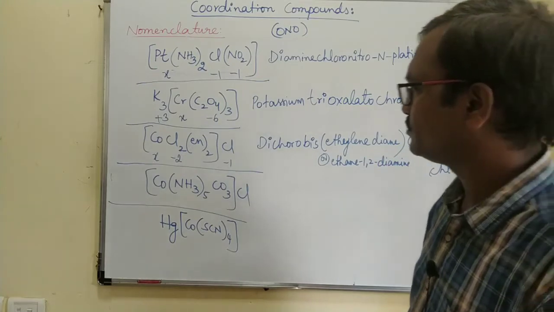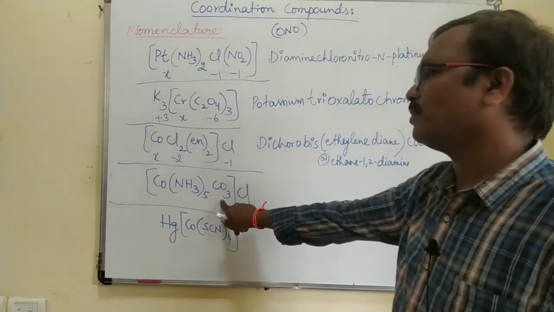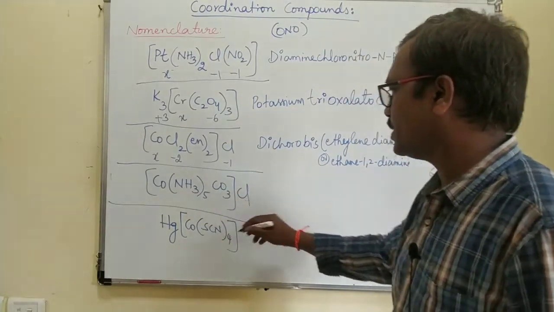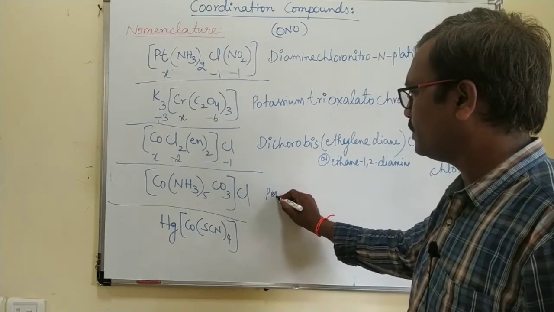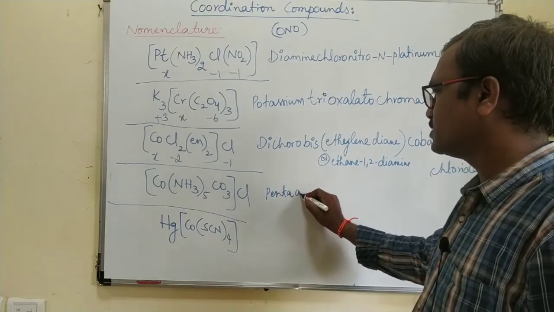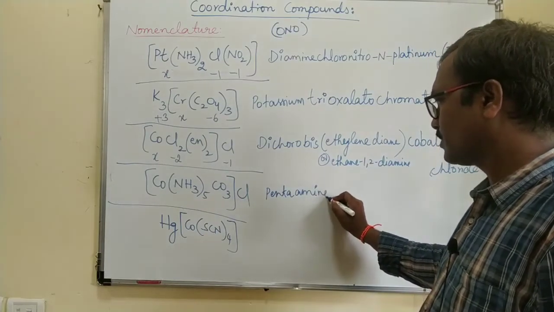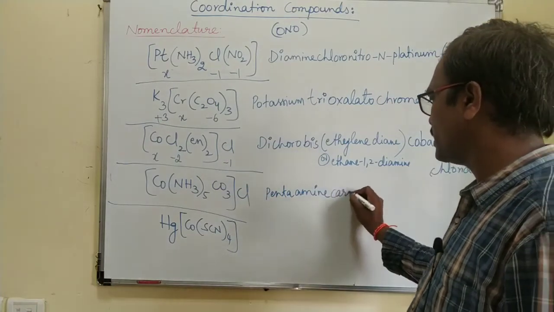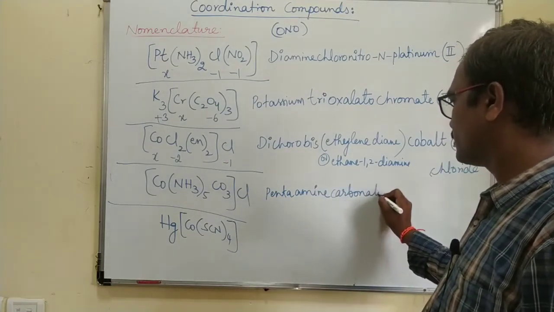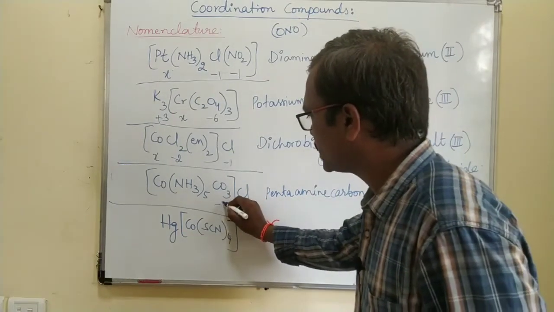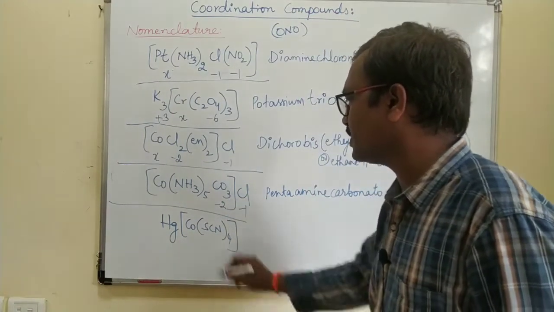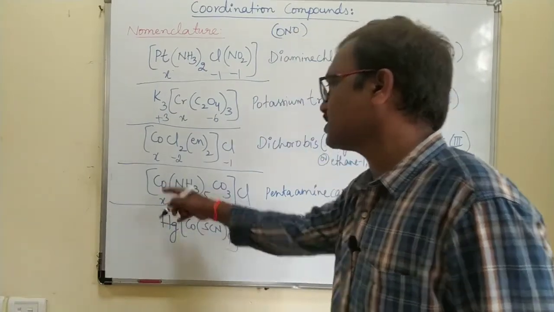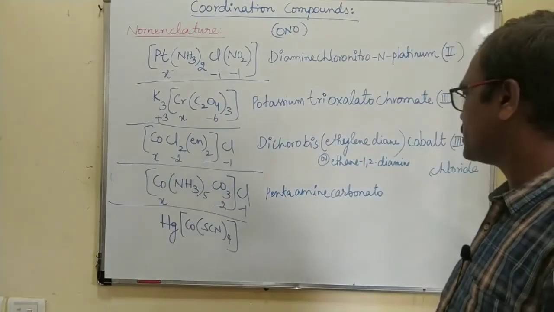oxidation numbers. Right. This one also, the complex is positive, Cl is negative. So amine carbonato, pentaamine. How many amines? 5 amines. So pentaamine, only a single carbonato. Carbonato is the -2 charge, Cl is -1, amine is neutral, so cobalt is X. What is the oxidation state of cobalt? Cobalt +3.